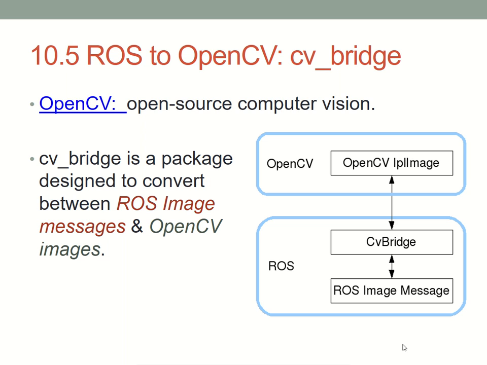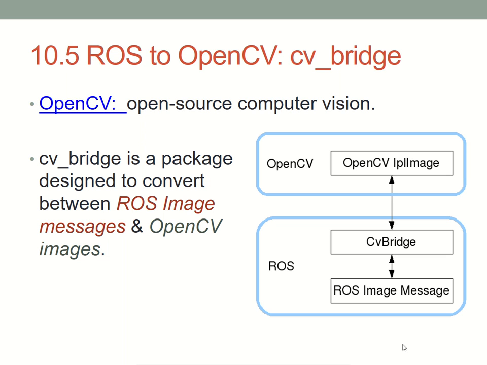OpenCV uses something totally different to represent images. It's not the same thing. But what we want to do is, for example, we get an image from the webcam or from the Kinect into ROS. But we want to use OpenCV methods on those images. So we need to convert them from this type to this type. OpenCV Bridge does that. It changes the type.